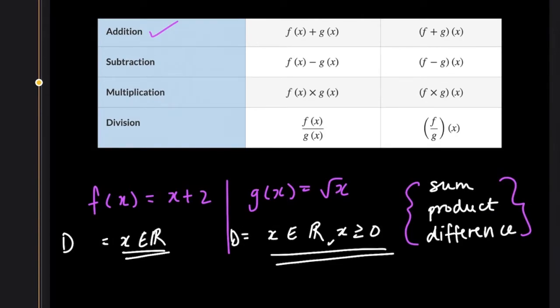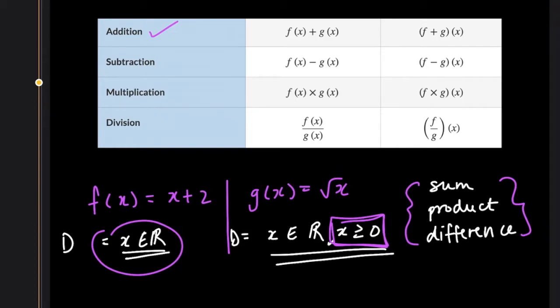So for the first one, for f of x, we know that the domain is just x is all real numbers. But for the other one, we do have a specification where x cannot be smaller than 0.